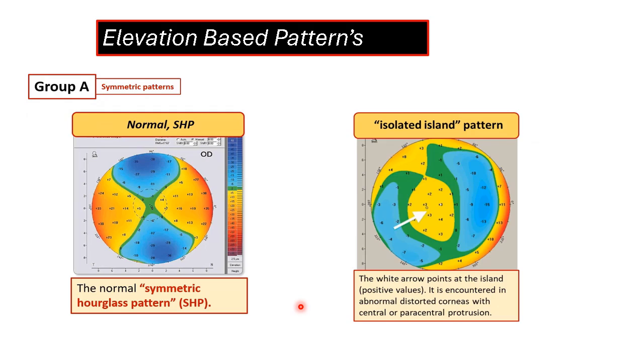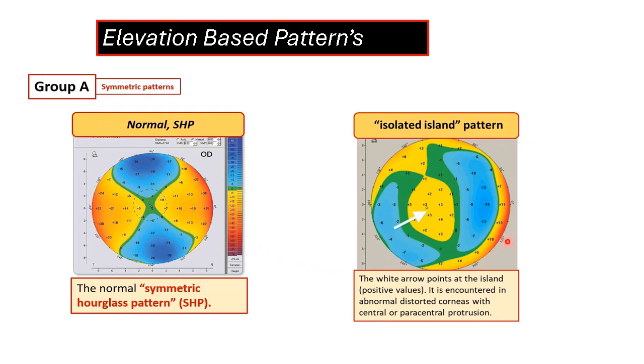The normal pattern of a cornea with mild with-the-rule astigmatism is known as the symmetric hourglass pattern, in which there is mild central steepening, and there will be depression below the reference zones in the vertical meridian, as this is with-the-rule astigmatism, and there will be flattening and mild elevations in the other meridian. This is a normal appearance of the cornea in a patient with mild with-the-rule astigmatism.